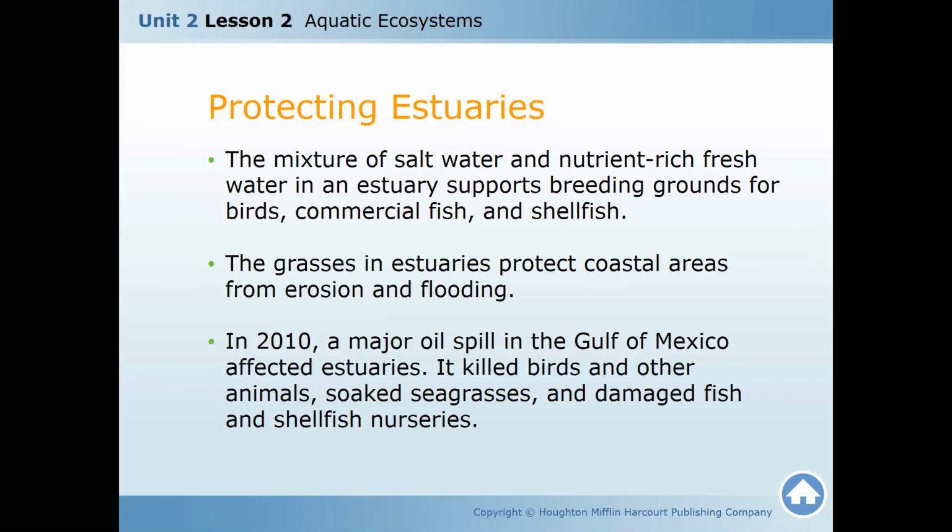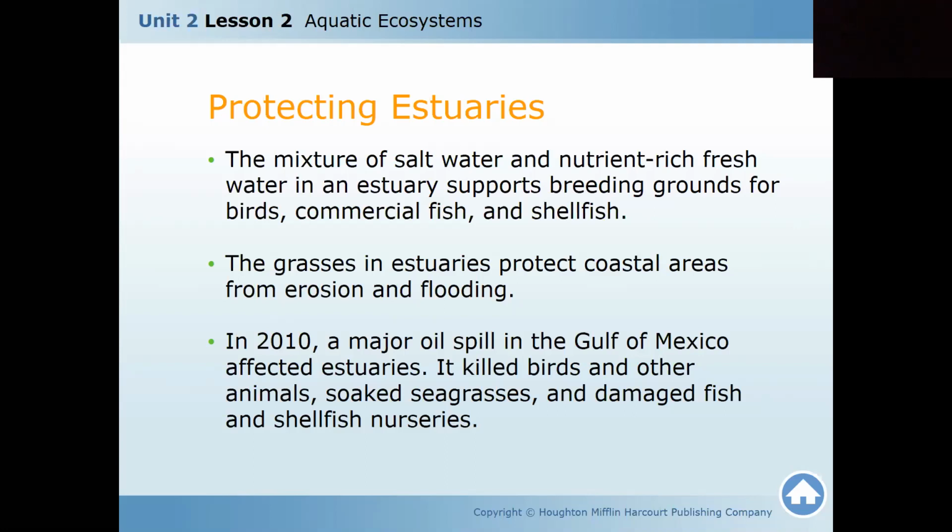Maybe there was a ship or a tank from where oil got spilled in the affected area. It killed the birds. Why did it kill the birds, girls? Will the bird drink the oil? What will happen to the bird? The wings of the birds will get sticky because of the oil. Like when you apply oil to your hair, what happens? It becomes sticky.